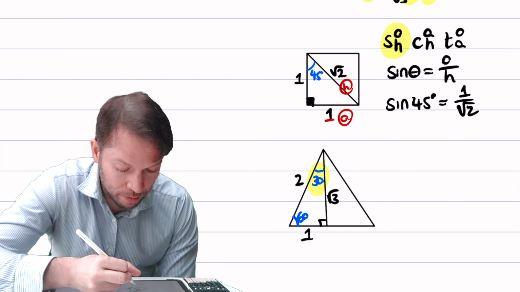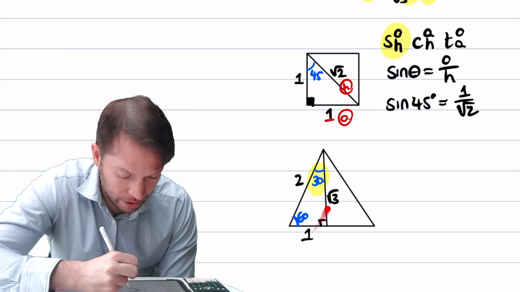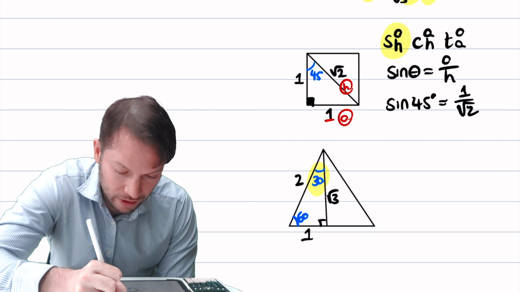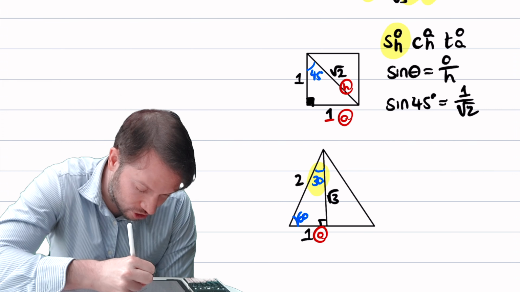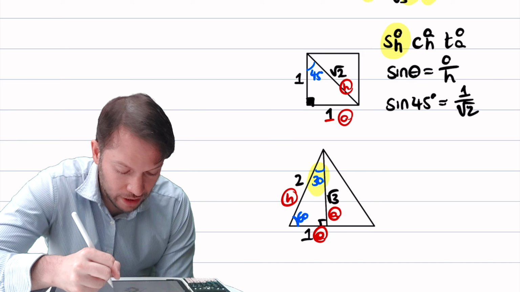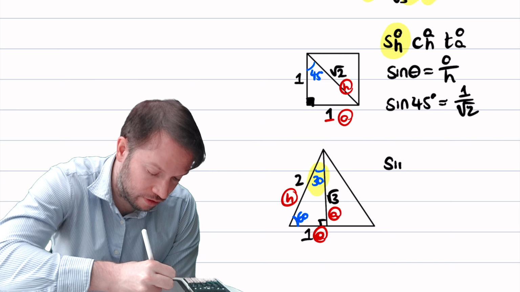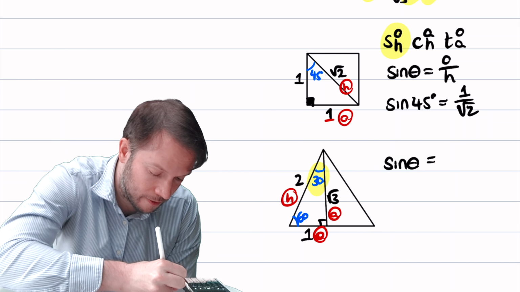Now, we then label these sides relative to this 30 degree angle of interest. So this is the opposite. This is the adjacent, and this is the hypotenuse. Now we're doing sine of 30. So sine of theta, remember, was O over H again.